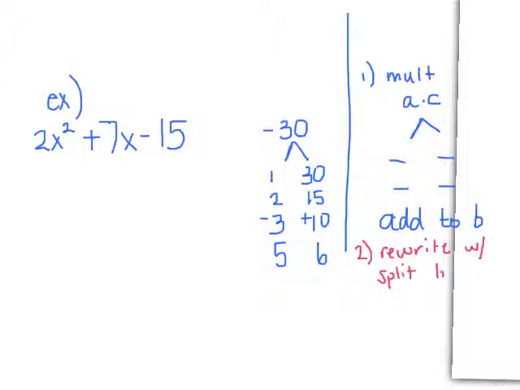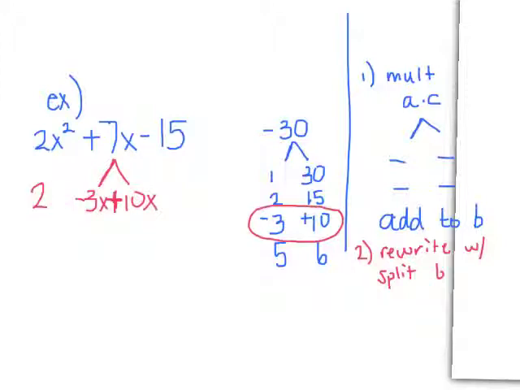b. So what I mean by that is, remember, we're choosing negative 3 and 10. So instead of writing 7x, you're going to write negative 3x plus 10x. Okay? So you're writing 7x in a way that's splitting it up. So negative 3x plus 10x, that is 7x. You're just writing it a little bit different.